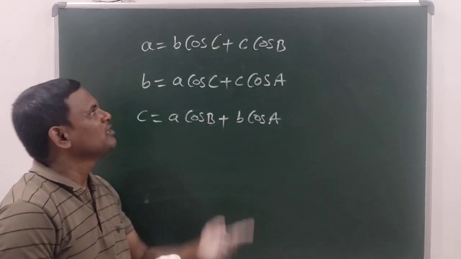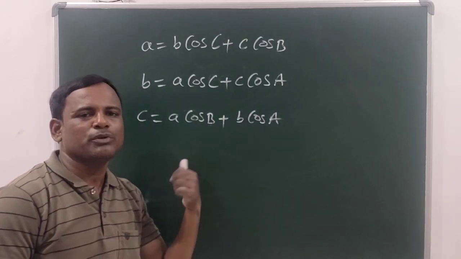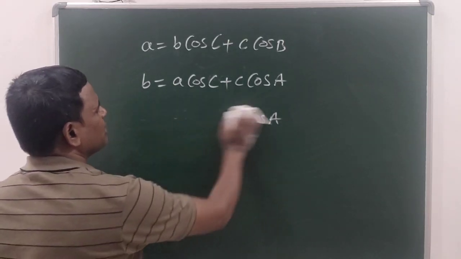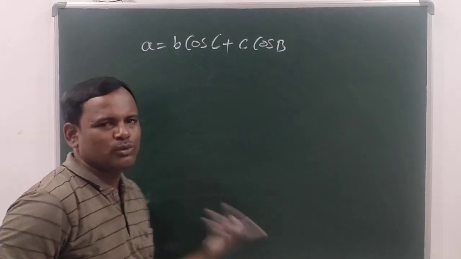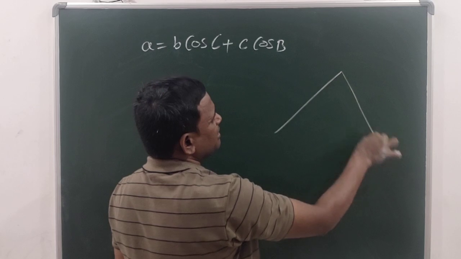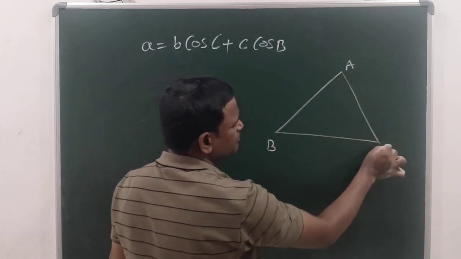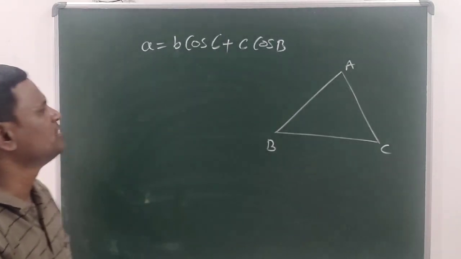Okay, now students, the first one I will prove. You can prove these projection rules in two ways, so I will explain both. One can be obtained from this diagram of triangle ABC.